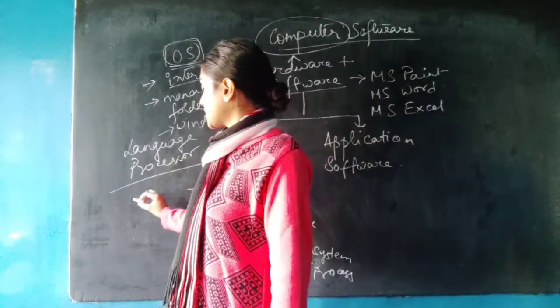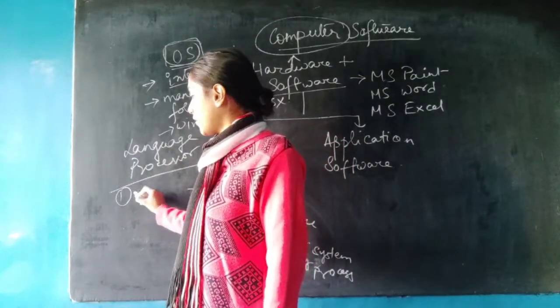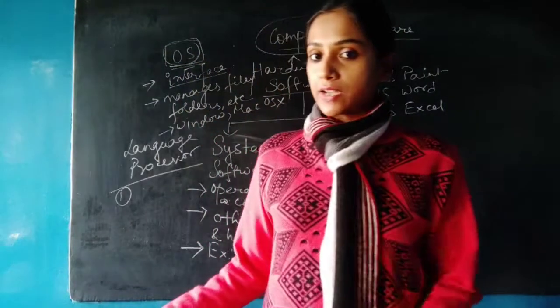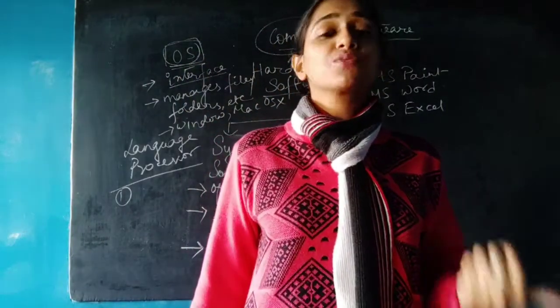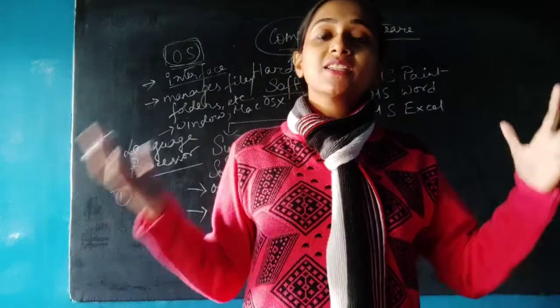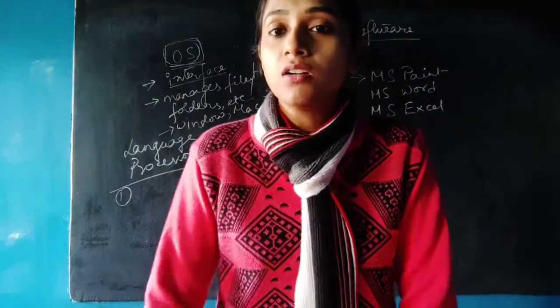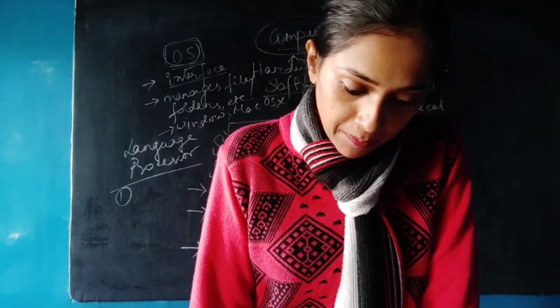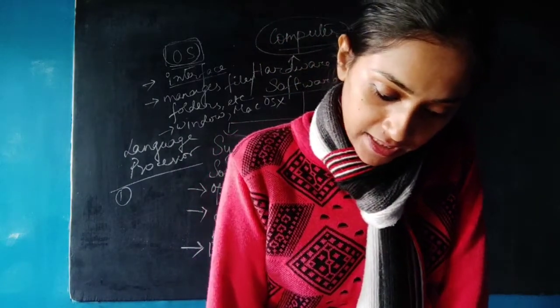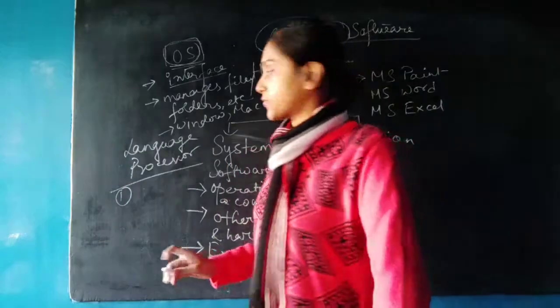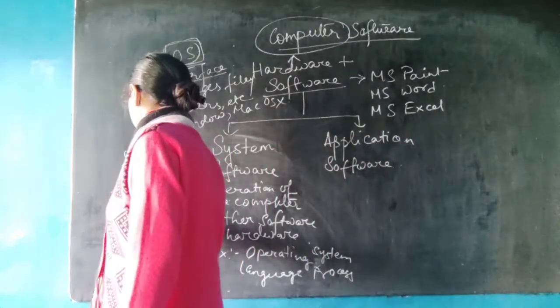So it is basically converting my language to the computer's language so that the computer can understand what my requirement is. Its main function is to convert the user's language to the computer's language. Examples: compiler, interpreter, etc.